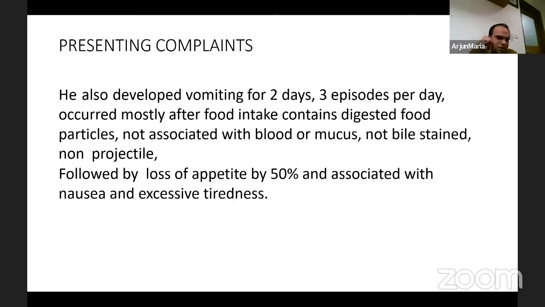What are the most common causes of hepatitis? What are the common causes of acute hepatitis?